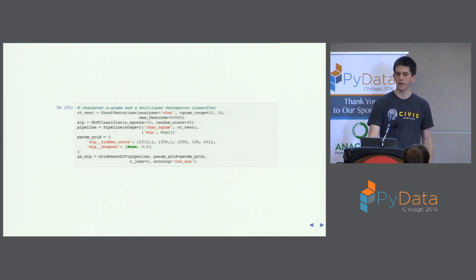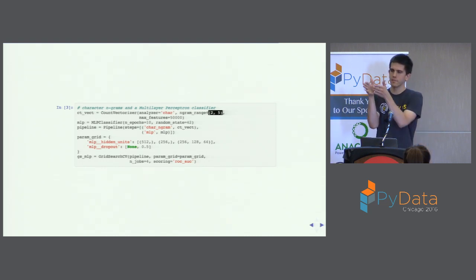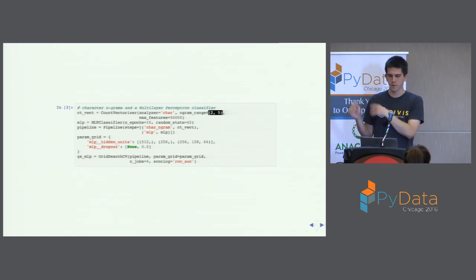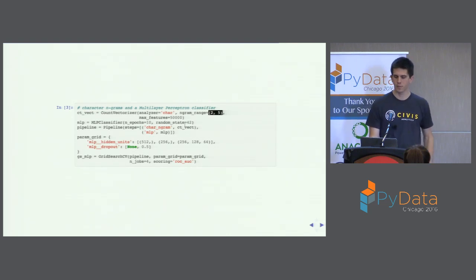An n-gram here is a subsequence of contiguous characters in the input, so little word fragments and spaces between words and things like that. We'll go from 2 characters in a row all the way to 5 characters in a row and extract all those features. Very simple, with no linguistic knowledge here.